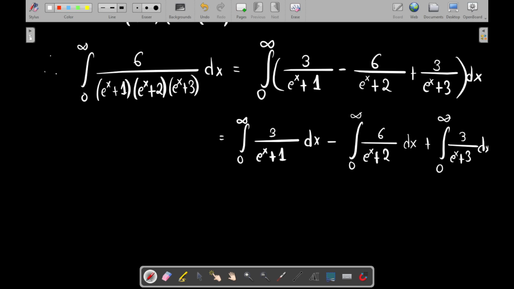Okay, now for each of these parts I'm using different substitutions. So again, if u is equal to e to the power x plus 1, right?